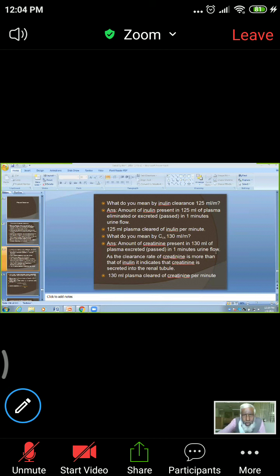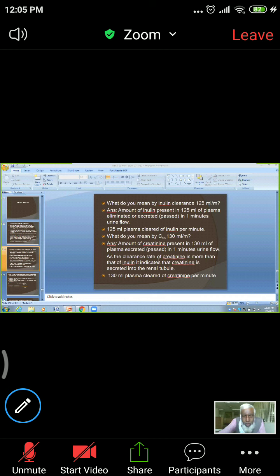Is it clear? The clearance rate of creatinine is more than that of inulin, and this indicates that creatinine is secreted into the renal tubule.